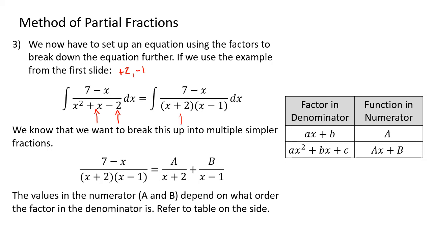So that means that my factors here are x plus 2 and x minus 1. So now that you've written it in this form, okay, where it's factored as much as you can, then you now use that to determine your partial fractions.